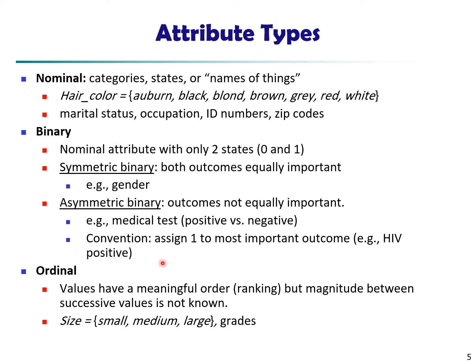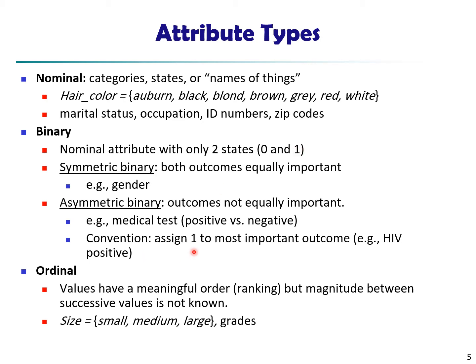Now, how is that different when we represent them? If you are representing a symmetric binary, such as gender, and you want to represent it as numbers, you are free to pick 0 or 1 for either one. So you can say 0 for male or 0 for female. It doesn't matter because they are the same thing.